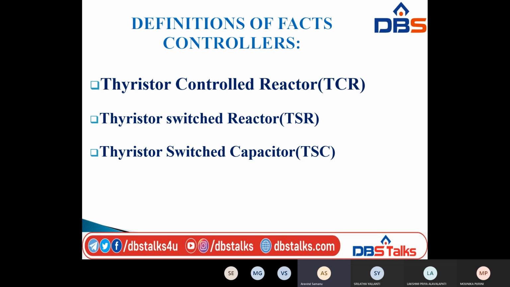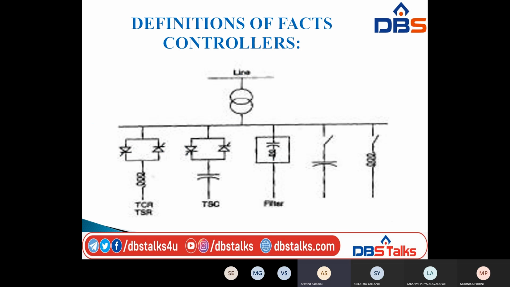It includes separate equipment for leading and lagging VARs. If you see this diagram, it contains the entire SVC connection. First we have TSR, the thyristor switched reactor, and next we have TCR, the thyristor controlled reactor.